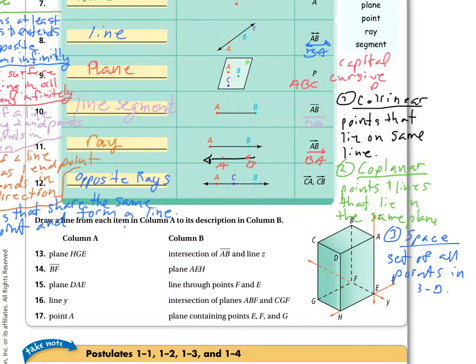So I'm just going to put it here in 3D. So a set of all points in 3 dimensions. So this room is called a space. It's really volume. If I were to fill up this room with cotton balls, that's space. It's filling up space.